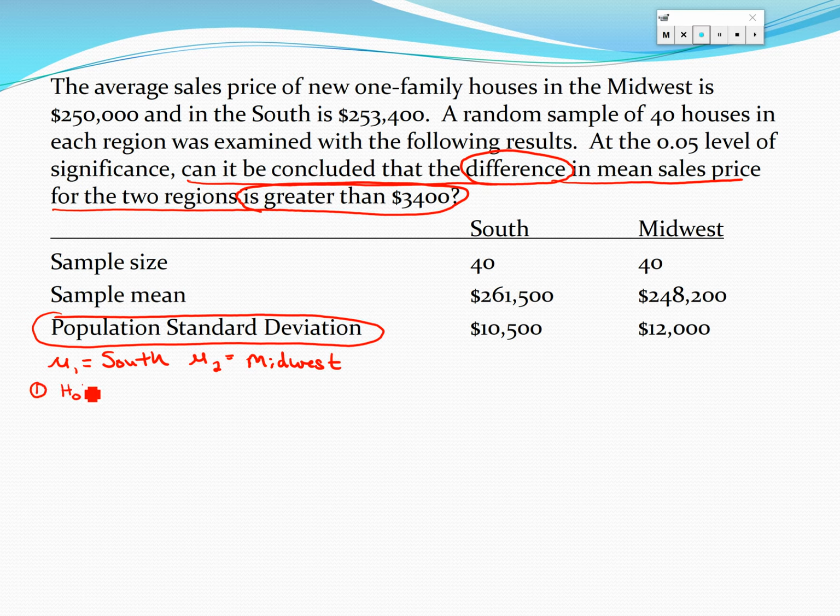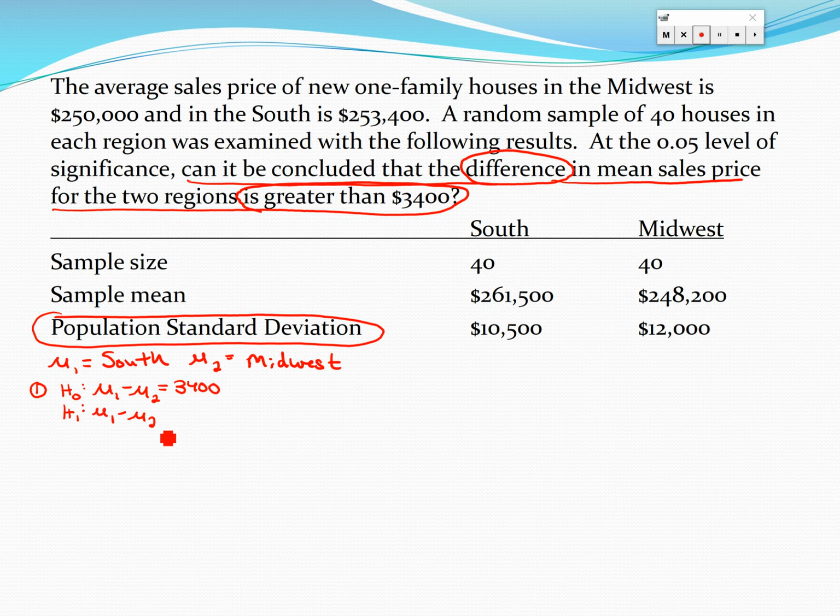Alright, so when we state our hypotheses, this one there's actually a difference, so I can't just put mu 1 equals mu sub 2. I have to show that their difference equals the specified difference, which in this case is $3,400.